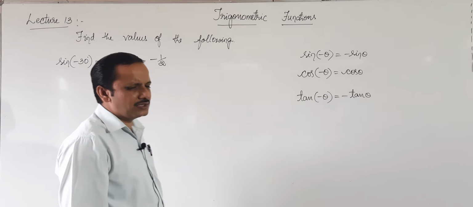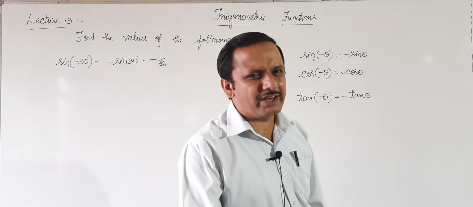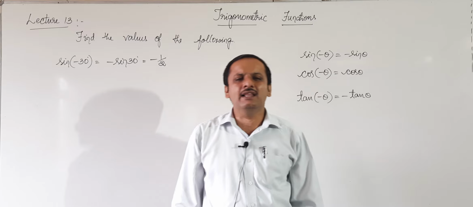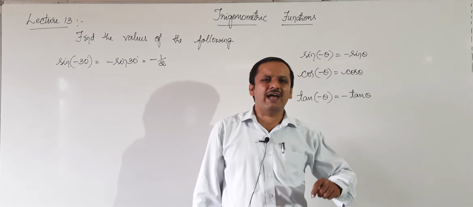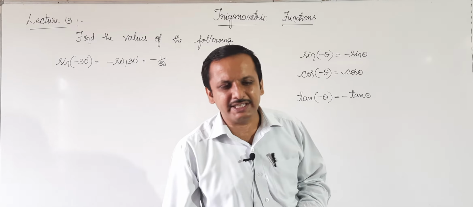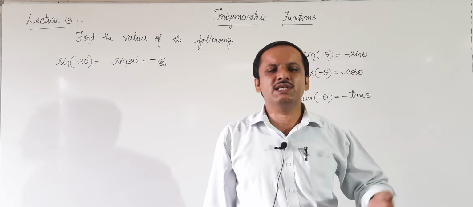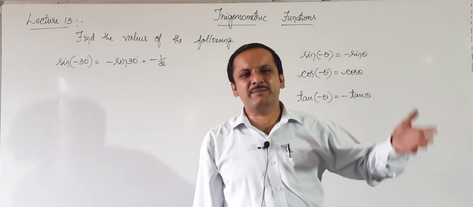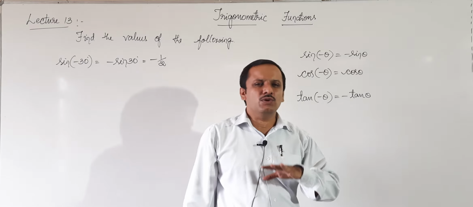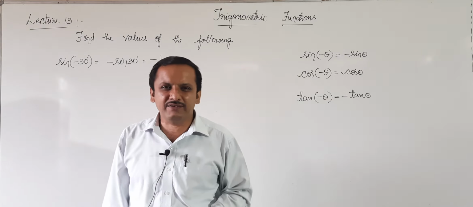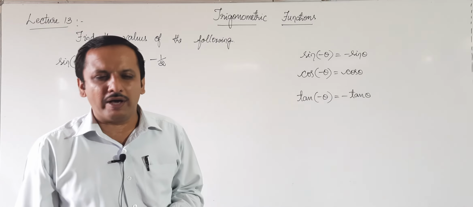There is another method also, that is, for any trigonometric function, for that angle, if I add 360 degree or add any multiple of 360 degree or subtract any multiple of 360 degree, in terms of radians, add or subtract any multiple of 2 pi, then there is no change in the value of that trigonometric function, which is very well known to you now.